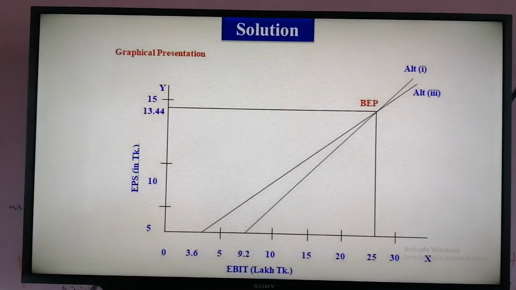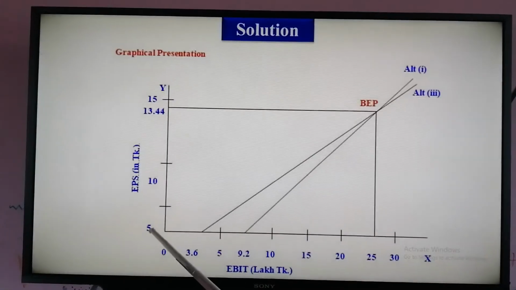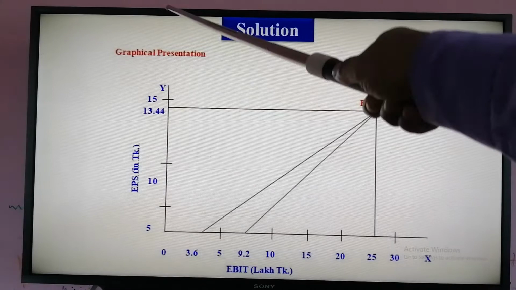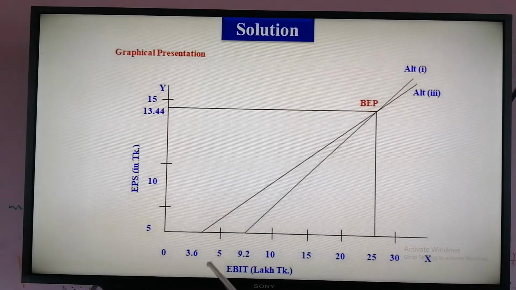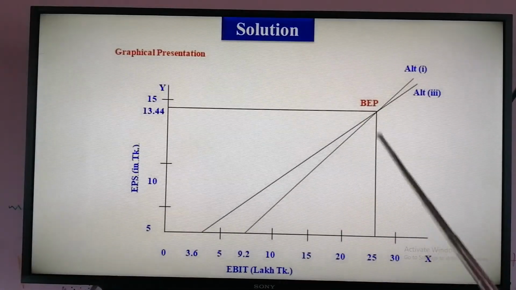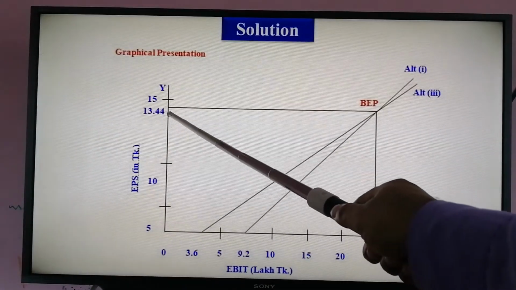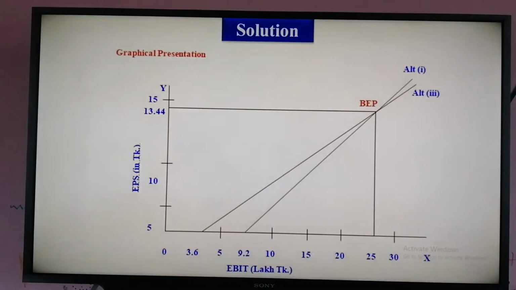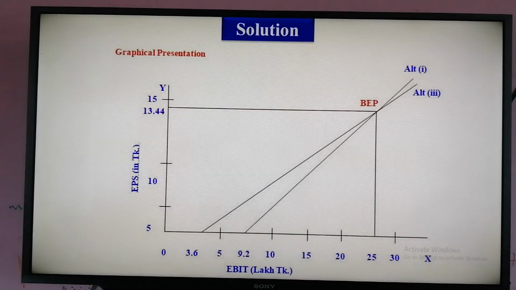The third one is this. Make a line, and this axis is EBIT and EPS. Look, 13.44 EPS. You need 4 things for making a graphical presentation. 1.